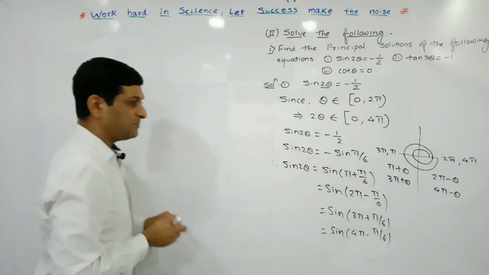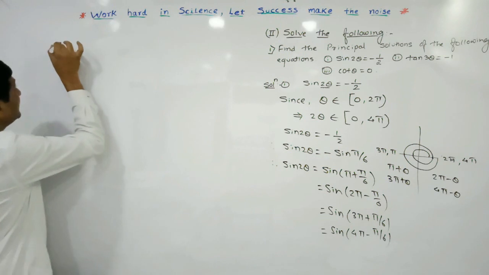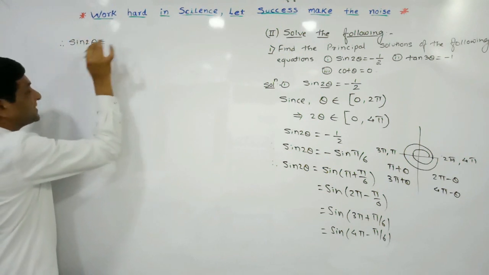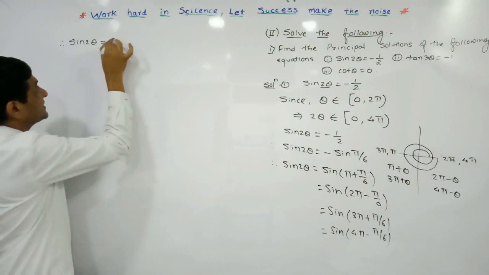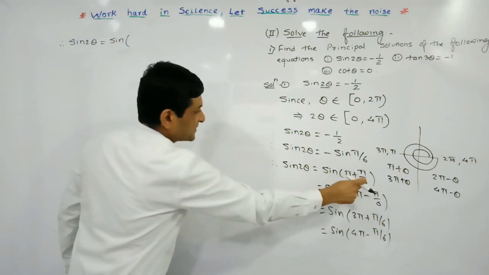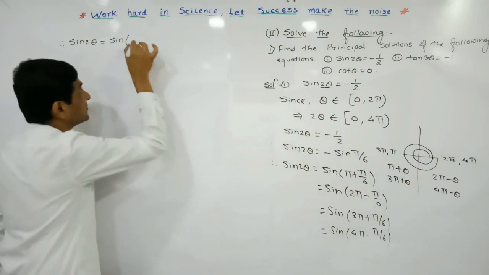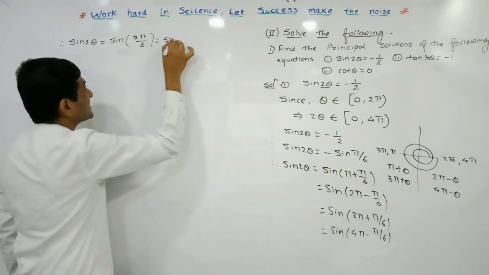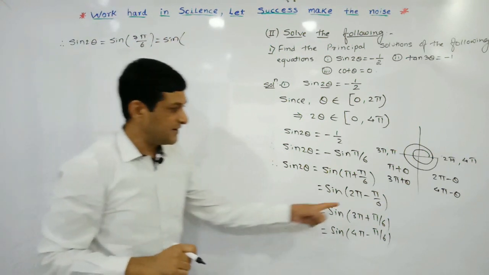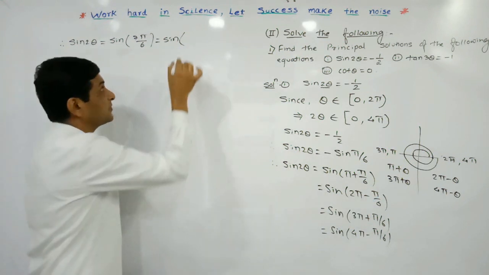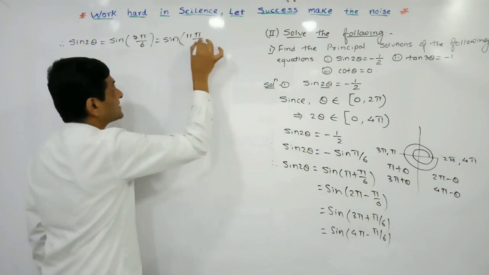Now therefore sin 2 theta is equal to, first, sin pi plus pi by 6. If we simplify it, 6 pi plus pi gives 7 pi by 6. Also sin of the difference: 6 twos are 12 pi, 12 pi minus pi gives 11 pi by 6.